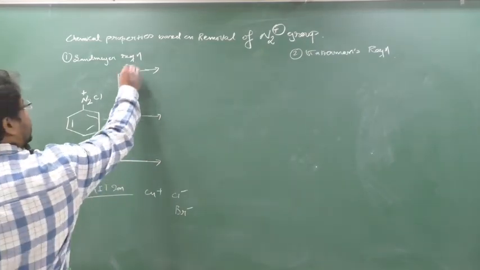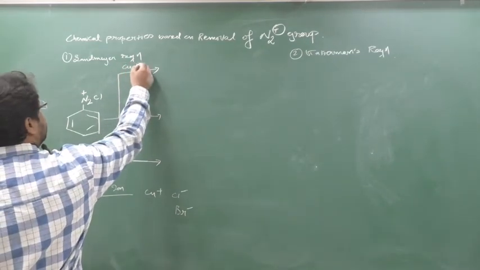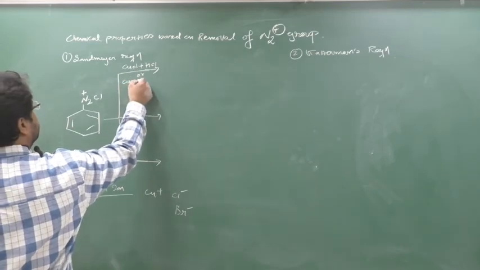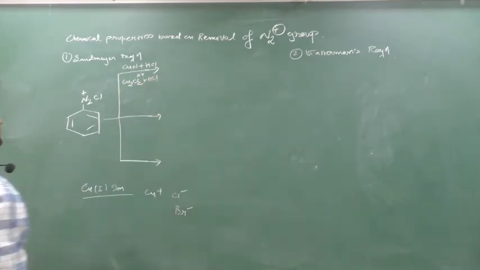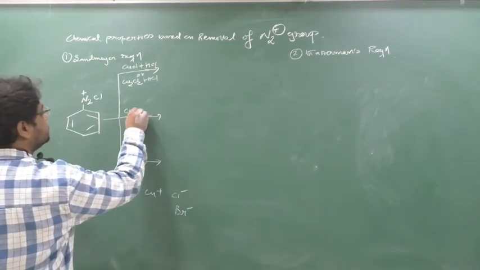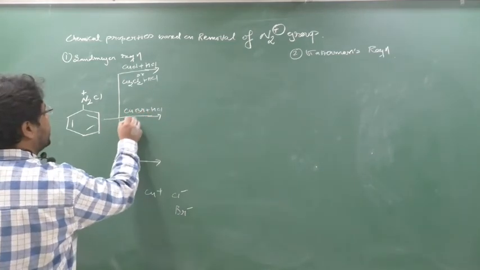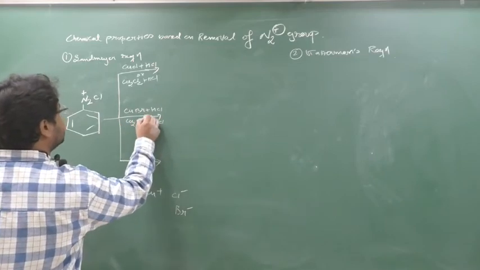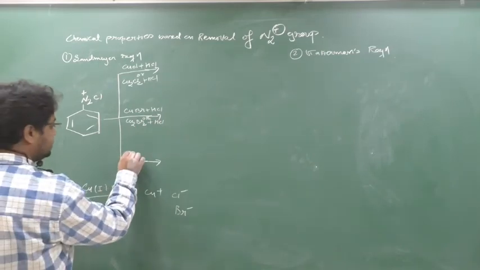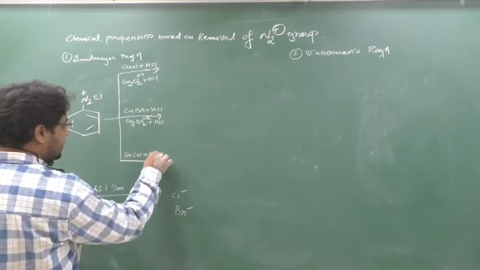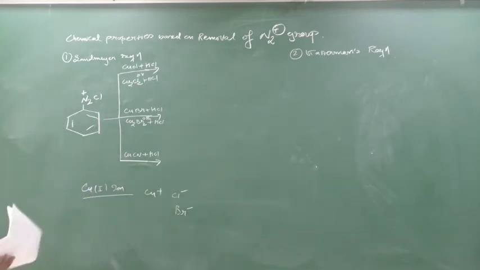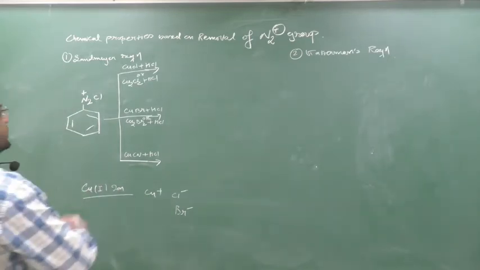So you can take CuCl plus HCl, or some books write Cu2Cl2 plus HCl, both are the same. Clear? Then you can take CuBr plus HCl, or write Cu2Br2 plus HCl. You can write CuCN plus HCl, or Cu2(CN)2 plus HCl also.